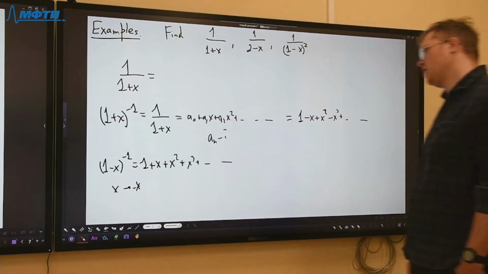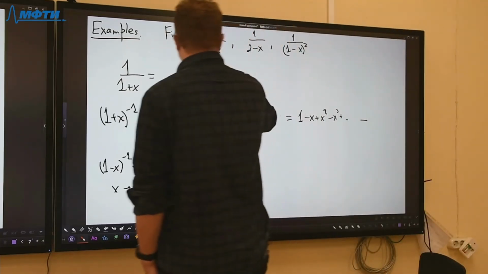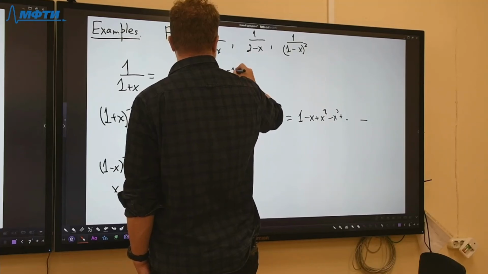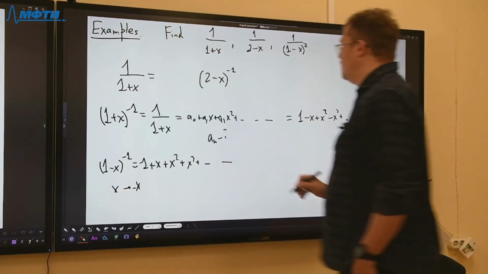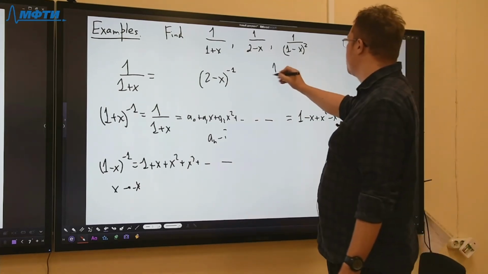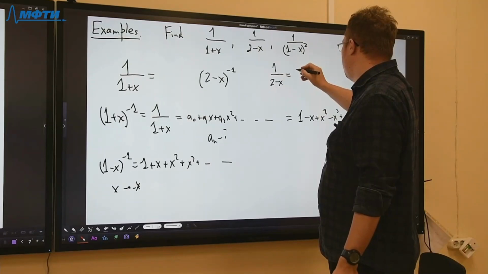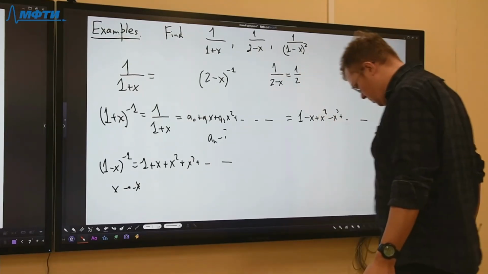If you change x to minus x, then all even powers of x will be positive and odd powers of x will be negative. And if you want to go, for example, to the inverse of 2 minus x, you can just calculate from the definition of formal power series.